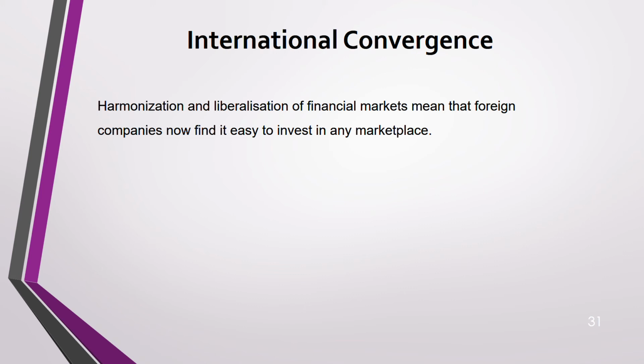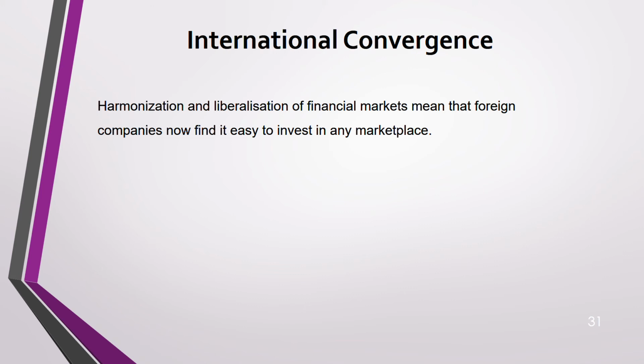Everyone is becoming one single market because investors are investing in many different countries. So they want the practices to be more harmonized. Harmonization and liberalization of financial markets have led to this. Because of liberalization, it's now very free; you can invest in any marketplace from any country.